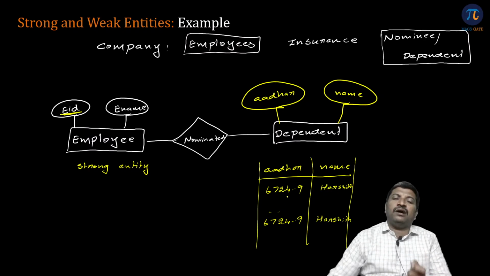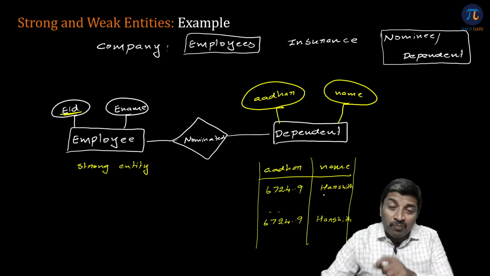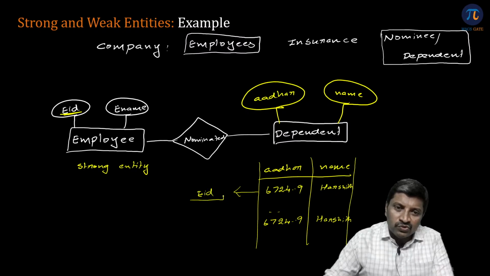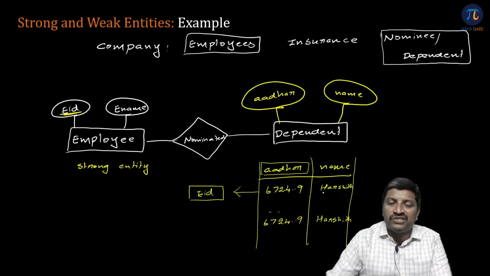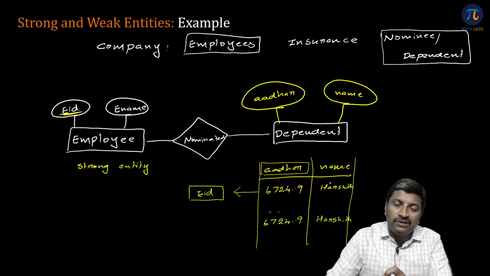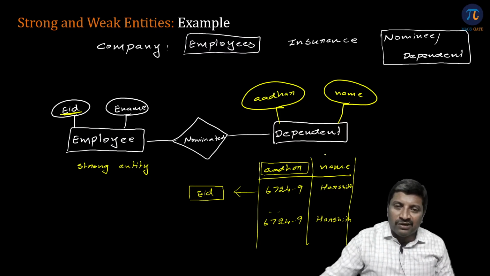Now, whenever I call the Aadhaar number 67249, only one person will respond, sir. Okay, he will respond. But how do we identify the details of the particular record? For that, compulsorily, I need the employee ID. If I give the employee ID and Aadhaar number, then the insurance company will identify this record: this fellow has that amount of insurance, which is related to so and so Sudhakar.